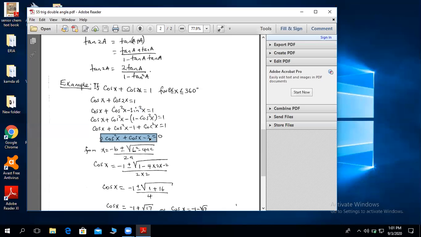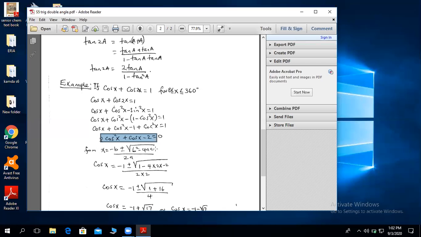Now this expression of ours does not have factors. That's why I have resorted to using the quadratic formula. The quadratic formula is x is equal to negative b plus or minus root of b squared minus 4ac, out of 2a.